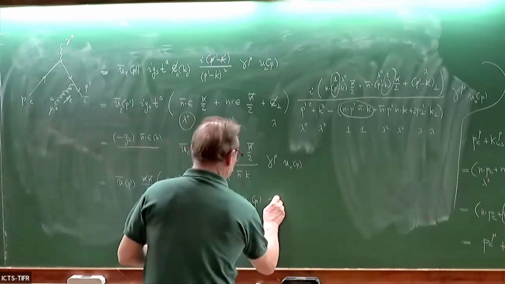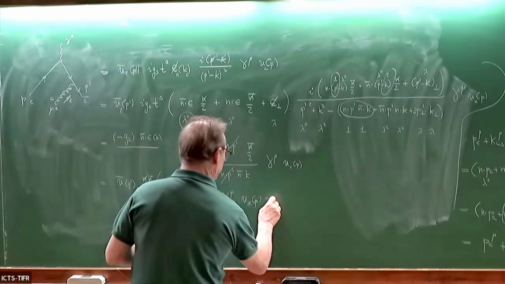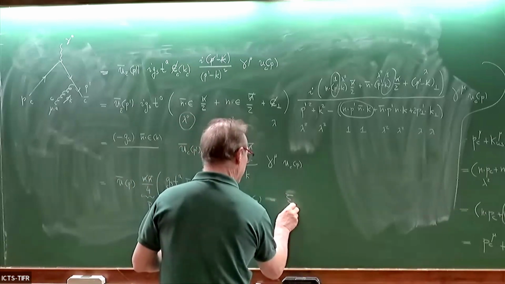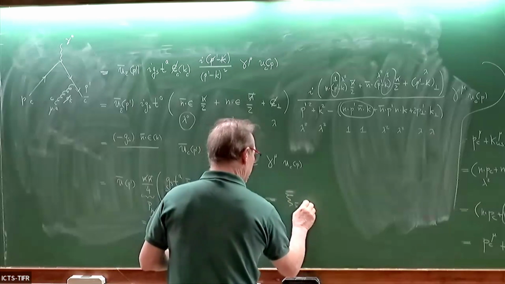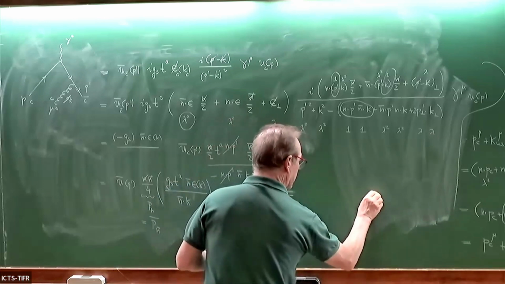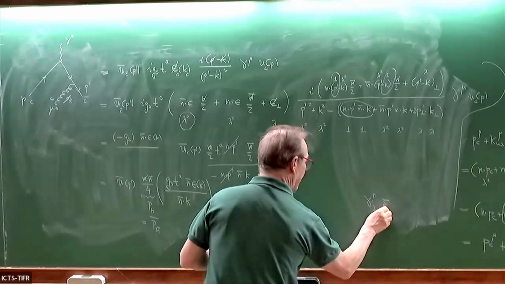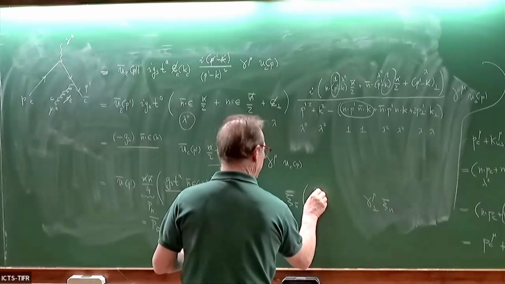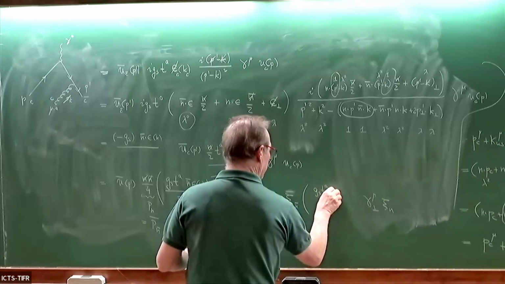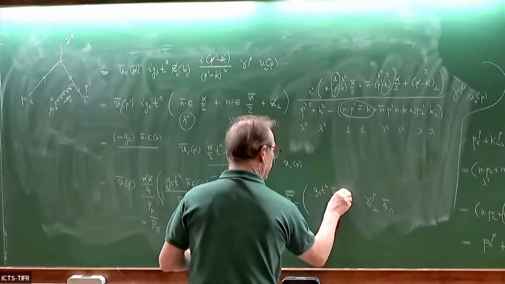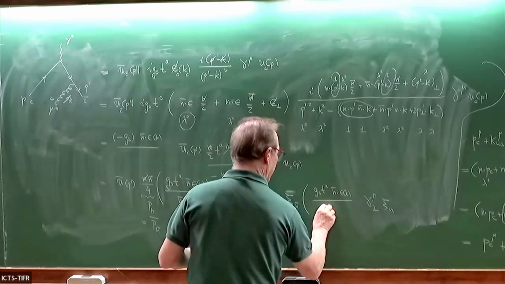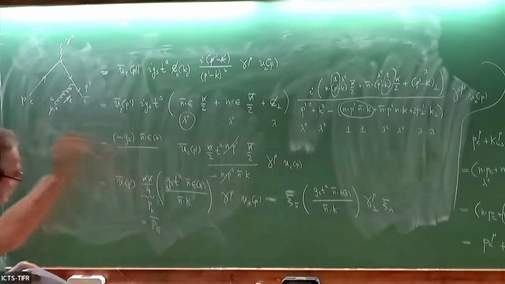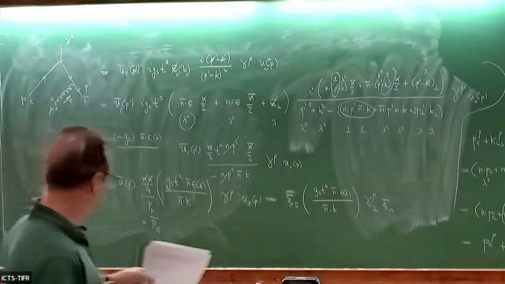So what we get here is basically this: we get the xi_c n bar, gamma mu perp xi_c n, and then here g_s T^A n bar dot epsilon k divided by n bar dot k. Okay. At leading power plus power corrections, but at leading power, this is what we get.